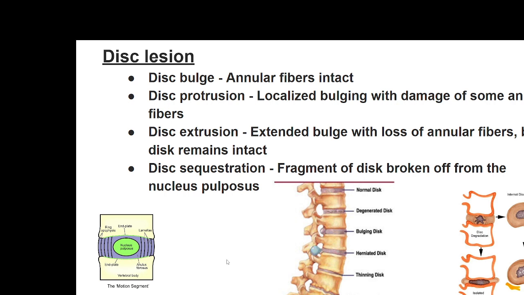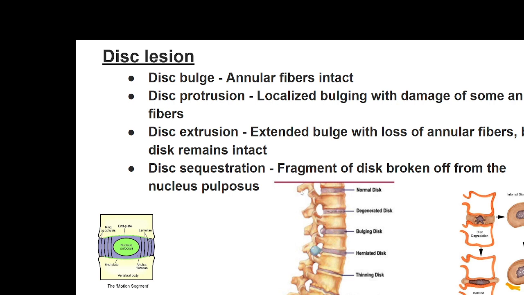Now HLA-B17 is limited only to ankylosing pathology, where there are autoimmune pathologies, whereas in other conditions it could be other phospholipids, which are the mediators of the inflammation. So disc bulge is the initial stage.